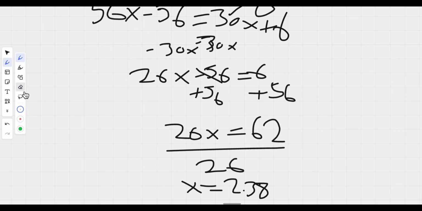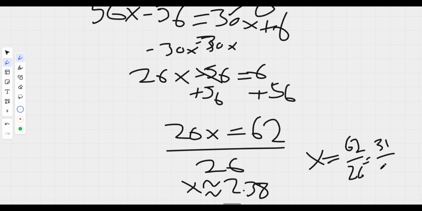This is something that you're going to need to be used to writing when solving for these equations, writing the approximate sign. And this is going to be our answer. Or you could write x is equal to, if you want to write it in exact form, 62 divided by 26. And you could divide this further to be 31 over 13. And that's how you can solve an equation like that.